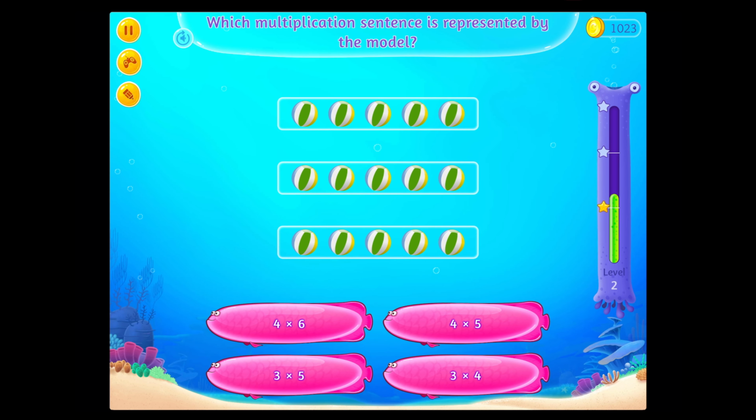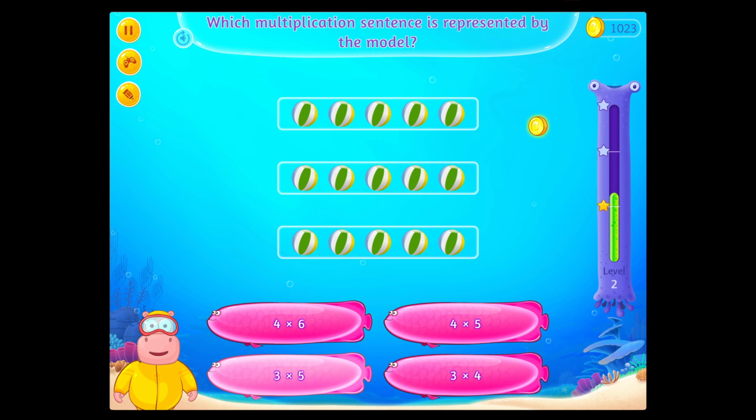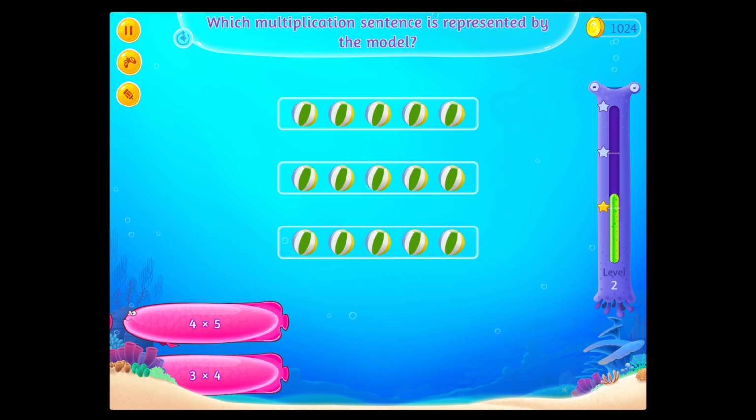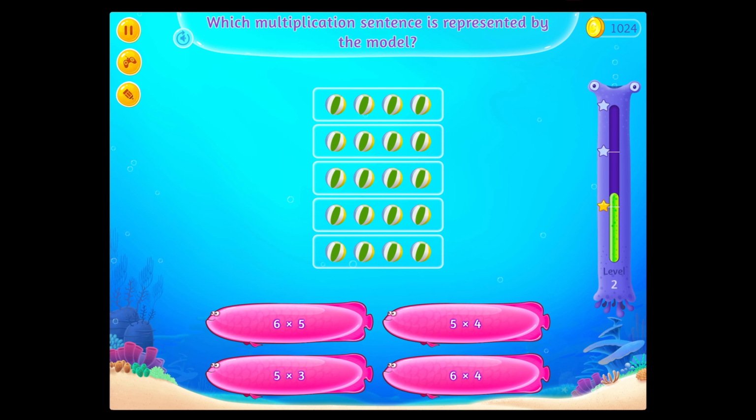Which multiplication sentence is represented by the model? You rock! Which multiplication sentence is represented by the model? Rockstar!